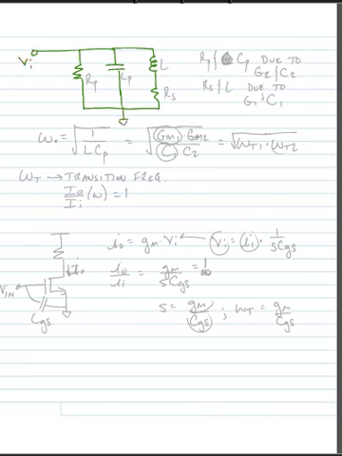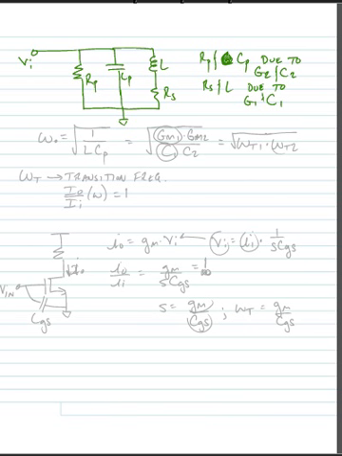So here is our input voltage. We have RP, CP, L, and RS. And we know that both RP and CP are due to G2 and C2. And we know that RS and L are due to G1 and C1.